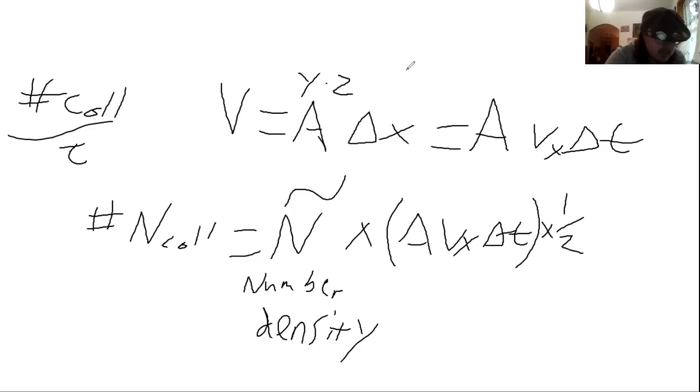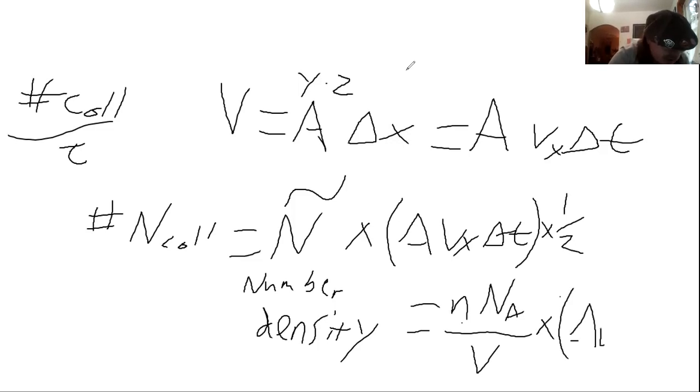Now, replacing n tilde with something you might more readily see, n tilde can be abbreviated as the moles times Avogadro's number divided by the volume. So number density is telling me how many atoms per a set volume. And times, once again, the number of collisions, A Vx delta t times 1/2.